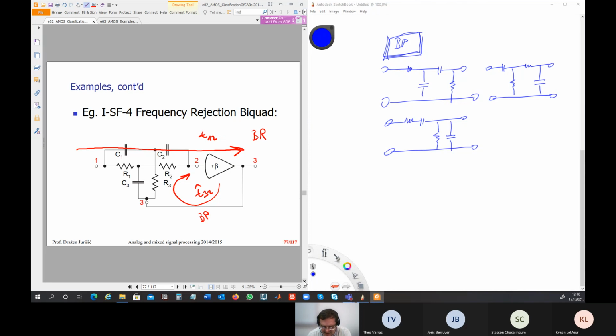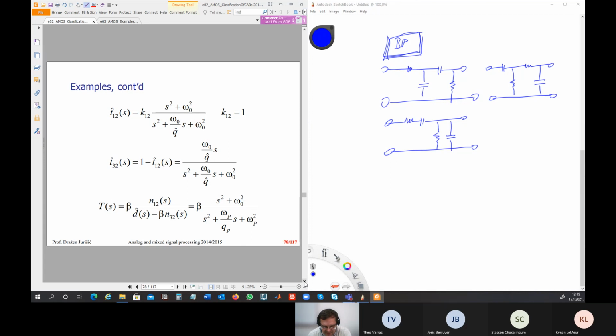Finally, this class 4 is capable of realizing the final transfer function, which is the band rejection network. So this is the first time that we are able to obtain a band rejection network, but with this QP, which is larger than 1/2, because here it was smaller than 1/2, as you remember.